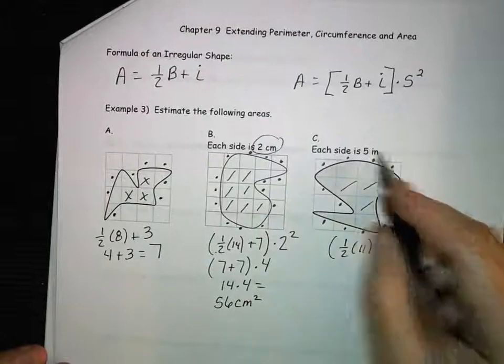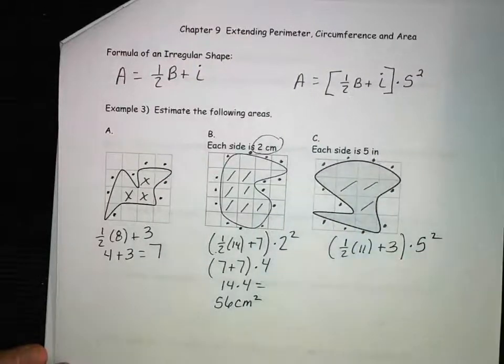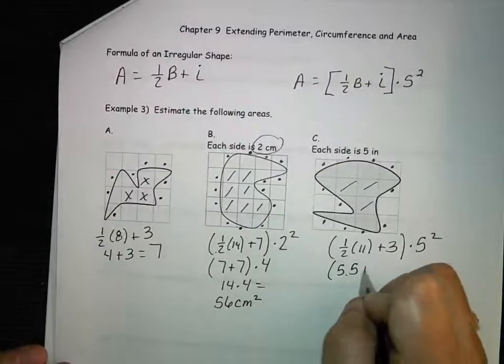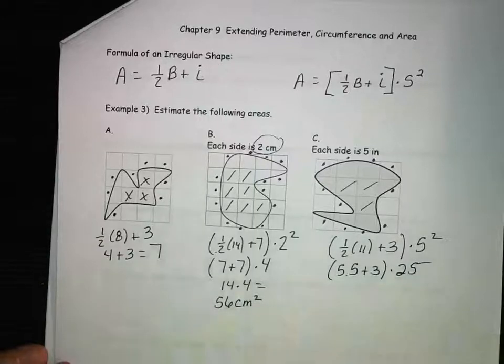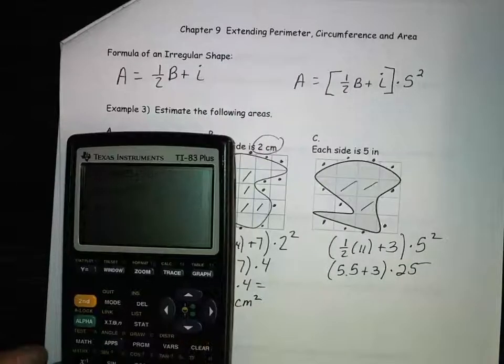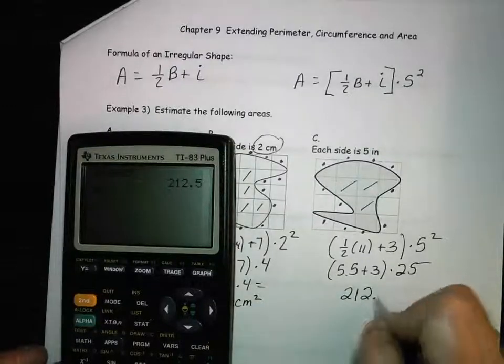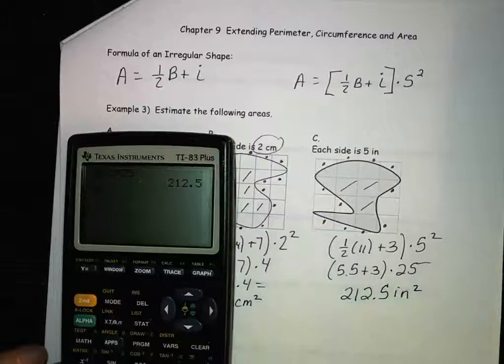And then each side is 5 inches, so 5 squared. That becomes 5.5 plus 3 times 25. And when we multiply, we get approximately 212.5 square inches. This isn't exact. Your answers might be a little different than mine, and they still can be considered correct.